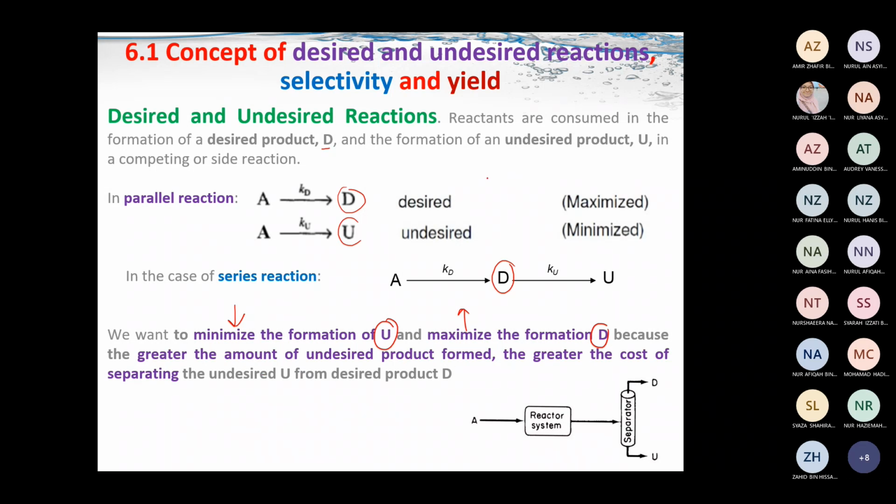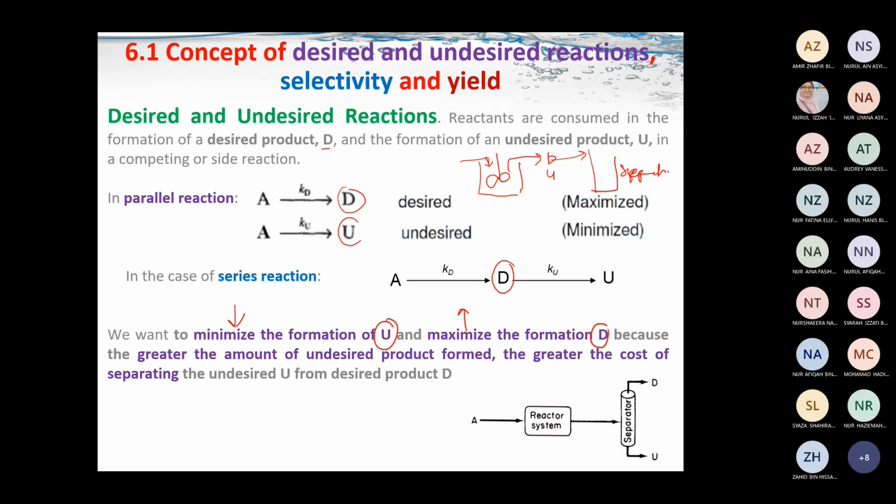Usually we have a main reaction which occurs in the reactor system, and it will produce, for example, D and U. In order to get high purity, we have to separate D and U. Of course, to separate them you have to proceed to the next unit operation, which we call a separator.